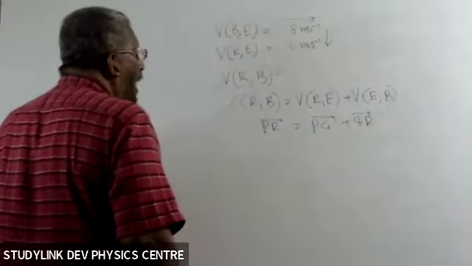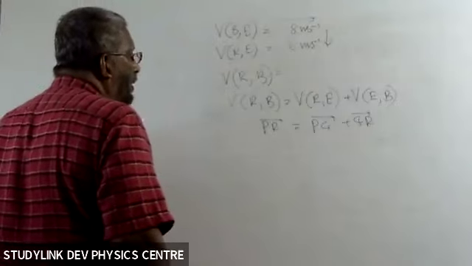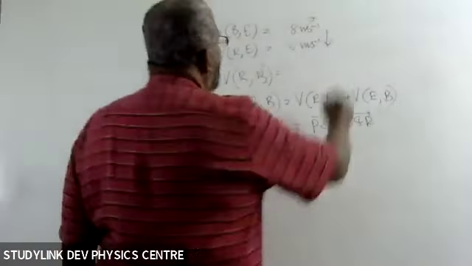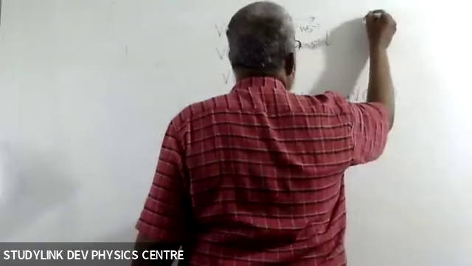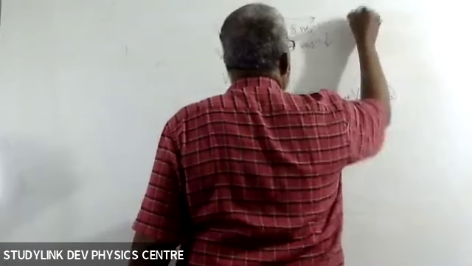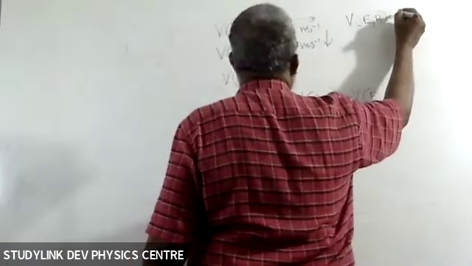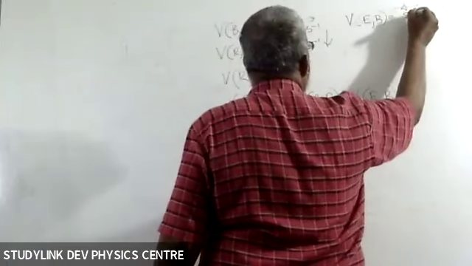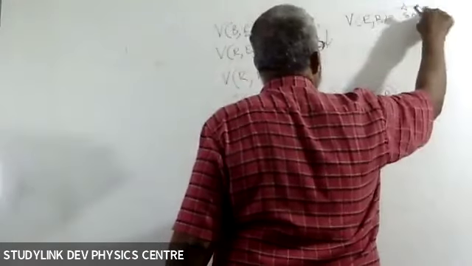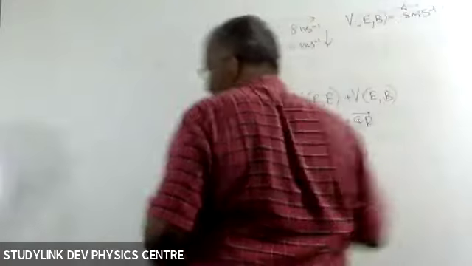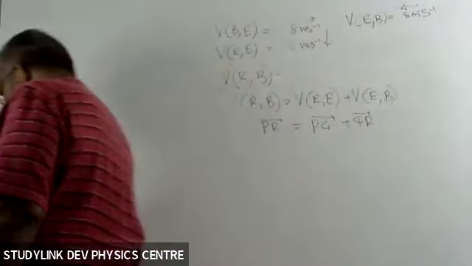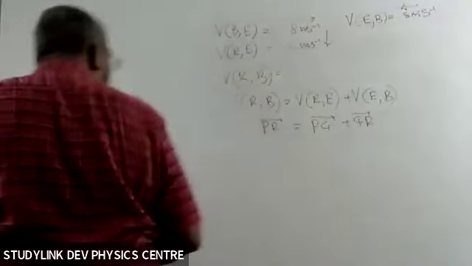Then velocity of E relative to B is equal to 8 ms minus 1 in the opposite direction.